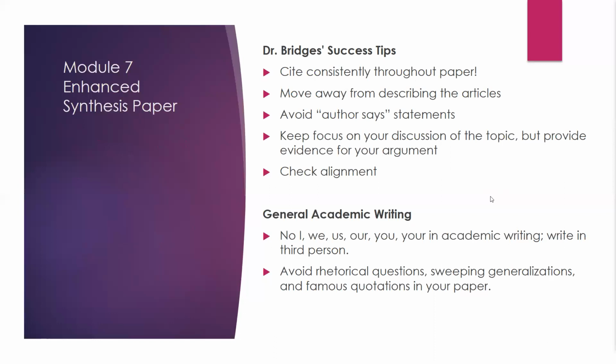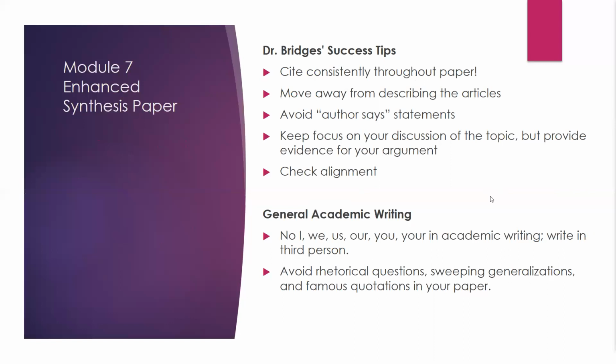It's stronger if you use a parenthetical citation. And for examples of how to do this, please refer to the articles that you're reading. Notice that all of their work has been based on evidence from other people's work. So they're using other people's work to build their discussion and to build their reasons for having completed this particular research study.